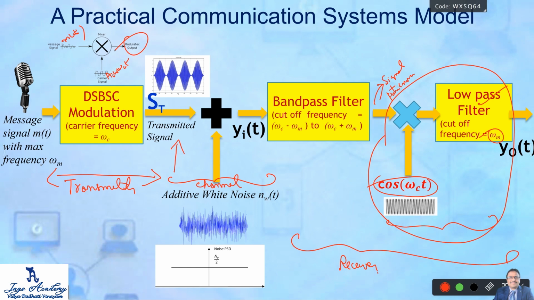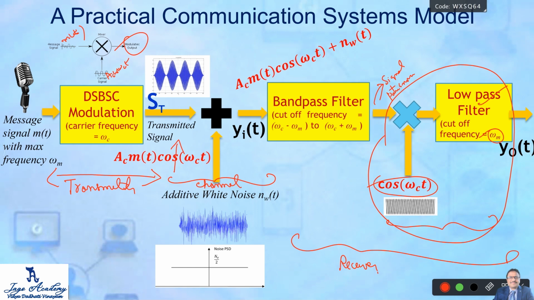That is your DSBSC wave. Now tell me what will you get as yi of t? Signal plus which noise? Wideband noise. Signal plus wideband noise.